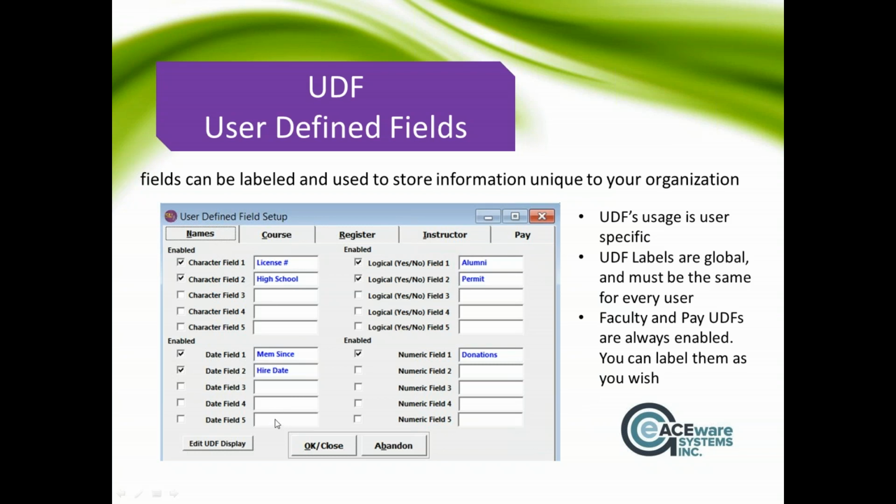So labeling them is global. Whoever chooses that you as a group decide character field 1, you're going to store this in it, that's global. You can't necessarily use different labels for the same field. However, the use of the field, whether you have it on your data screen to tab through or to enter, is a local variable. So you see it's black. So a user with permission can turn that on and off.